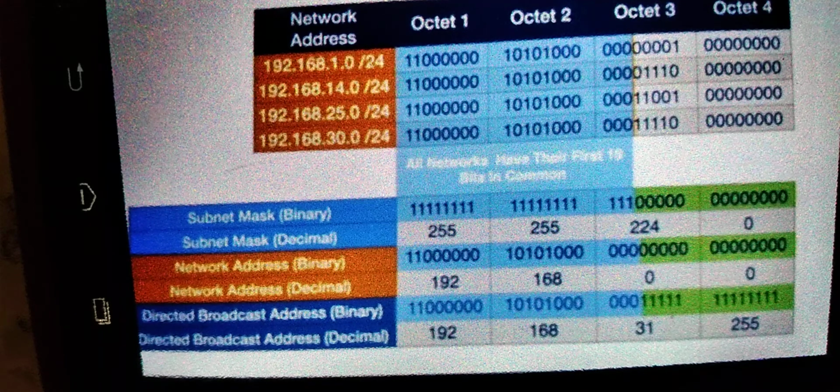A network address is where the network bits are present. Whatever the network bits are, in this case, is one bunch of zeros, 101, 01, 0000000. Those are the network bits, and that equals 192.